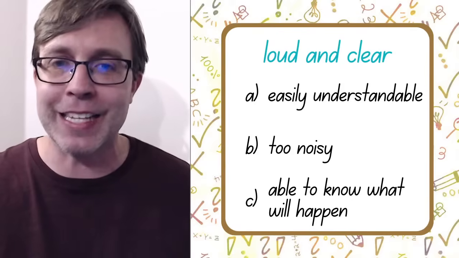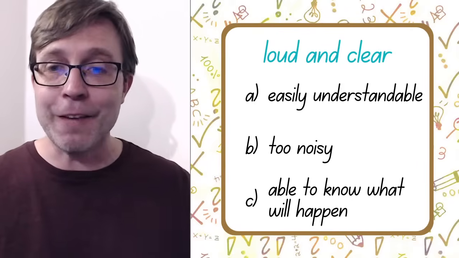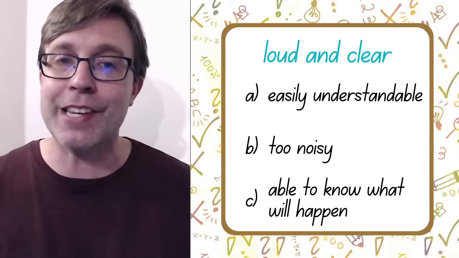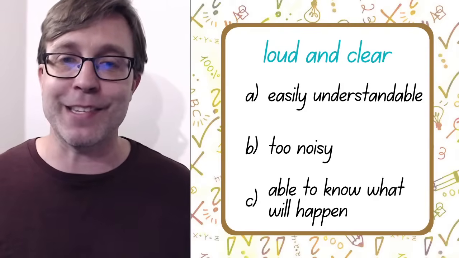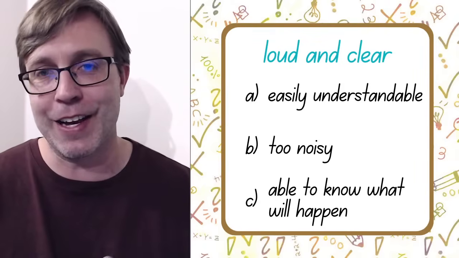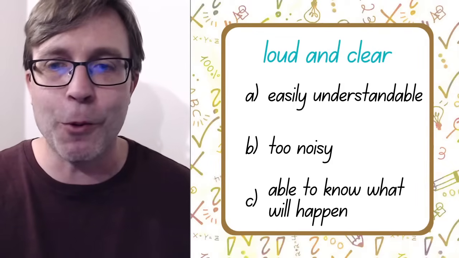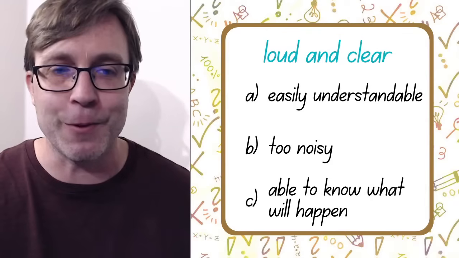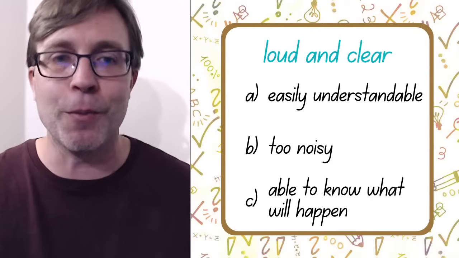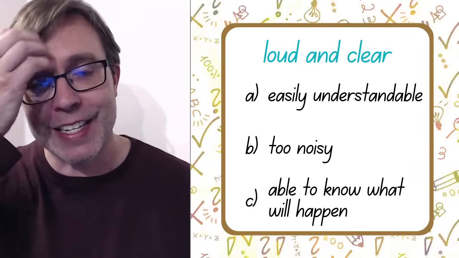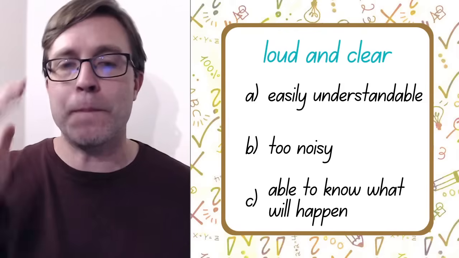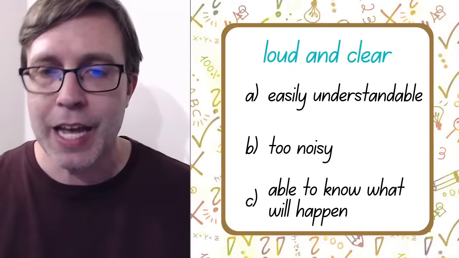And if you want to practice even a little more, write a sentence using this binomial pair. And if I see a sentence that I like, I will read that out loud if you want to practice a little more. So loud and clear, is it A, easily understandable, B, too noisy, or C, able to know what will happen?